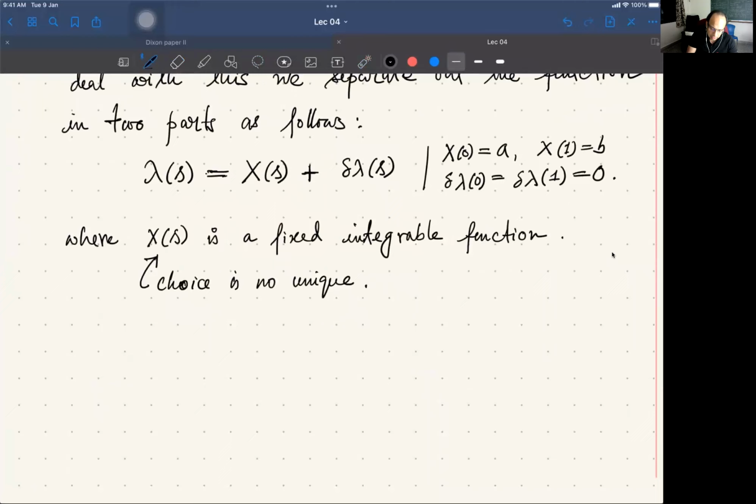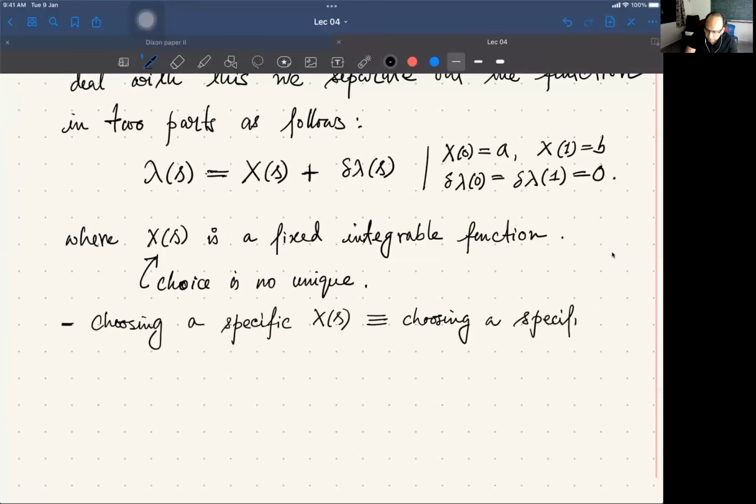So first, appreciate that choosing a specific x is equivalent to choosing a specific point in the configuration space, in the space of functions lambda.